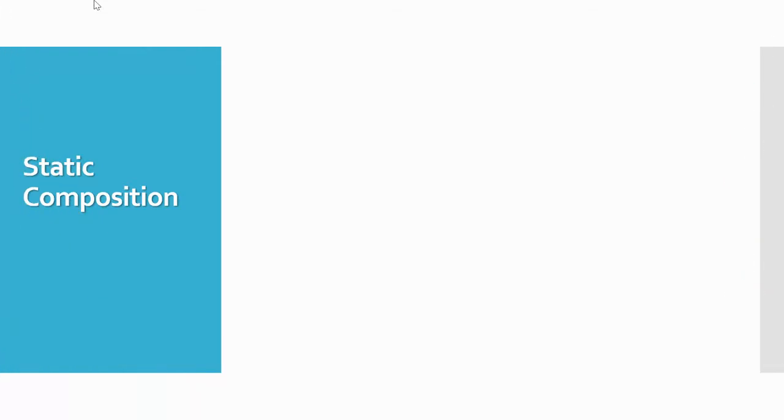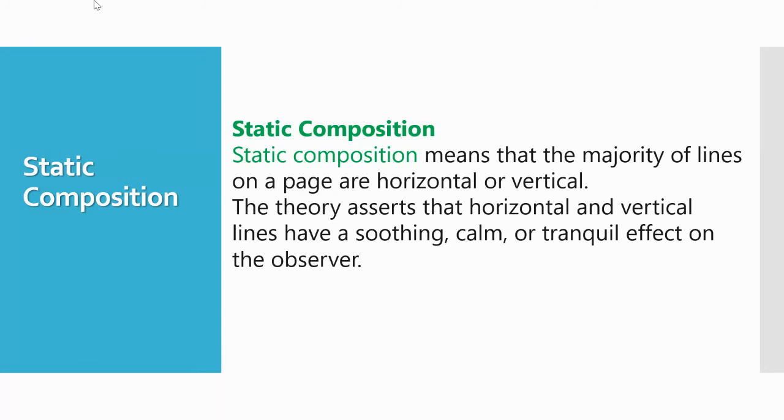Now, we get into an idea further with static versus dynamic composition. Another compositional theory throws out the rule of thirds and treats horizontal and vertical lines as a main way to create dynamic and interesting shots. Static composition means the majority of lines on a page are horizontal or vertical.